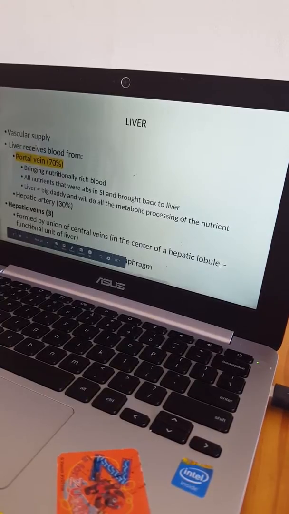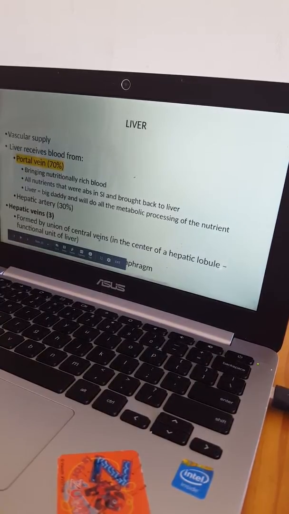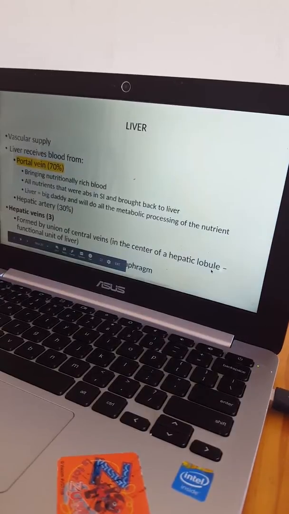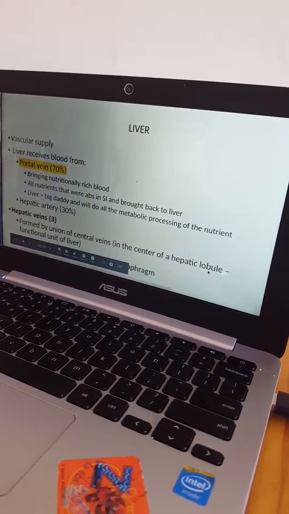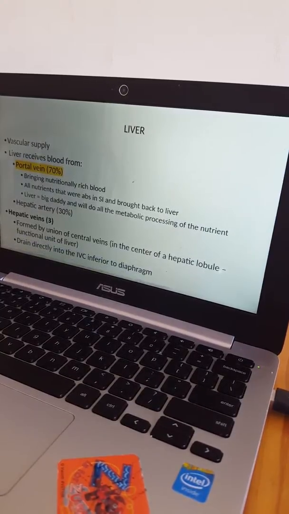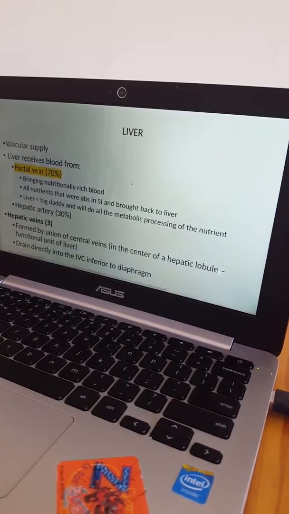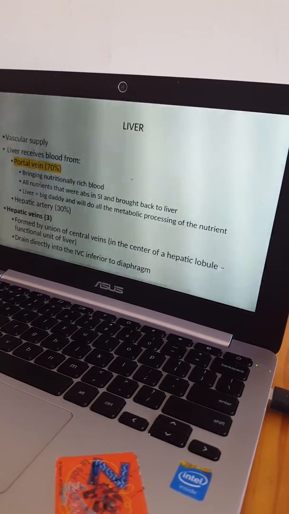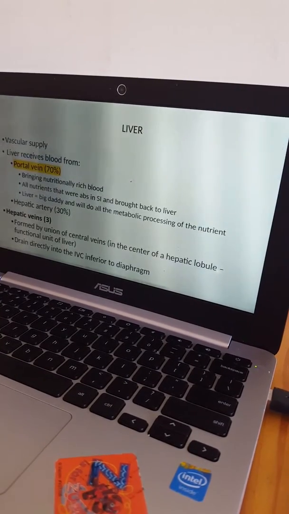Hepatic veins are formed by the union of central veins in the center of the hepatic lobule. So I was talking about the basic unit of the liver. The basic unit of the liver is the hepatic lobule, that is hexagonal in structure histologically. Every hepatic lobule has a central vein.